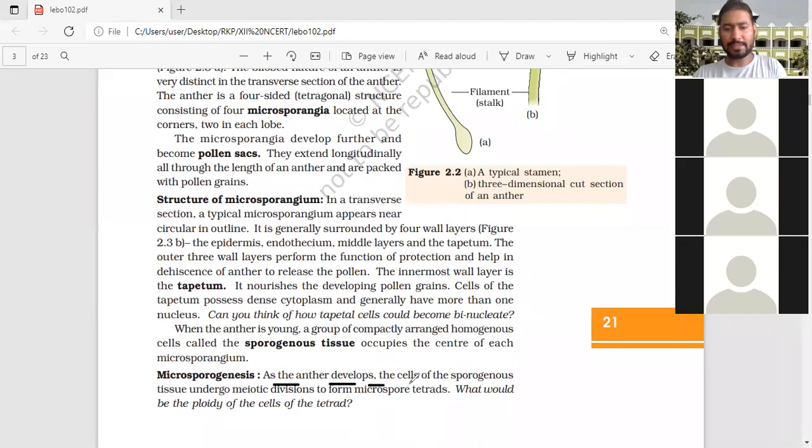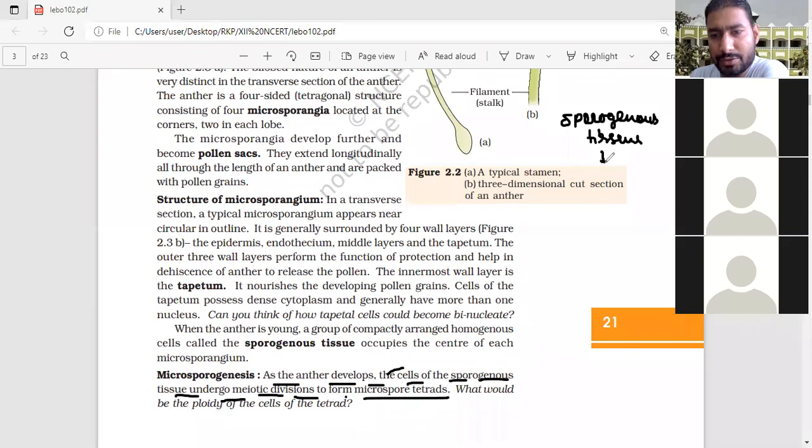As the anther develops, the cells of the sporogenous tissue undergo meiotic division to form microspore tetrads. Very, very important. The sporogenous tissue undergoes which type of division? Meiotic division. After meiotic division, what will form?